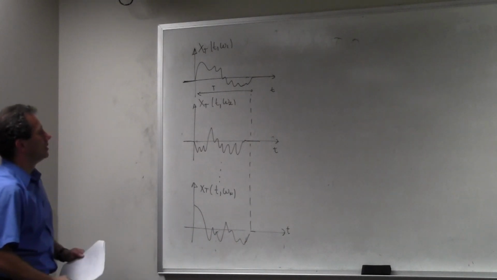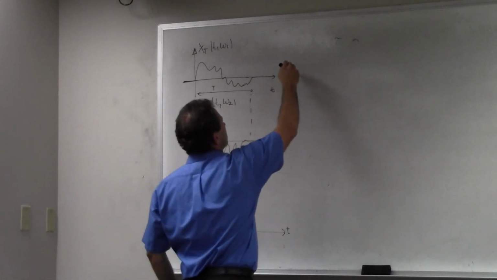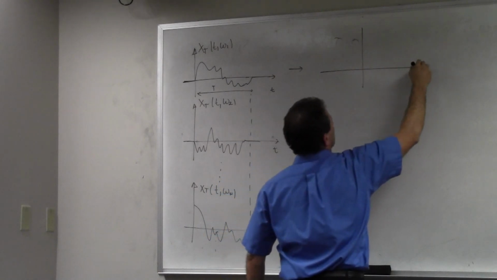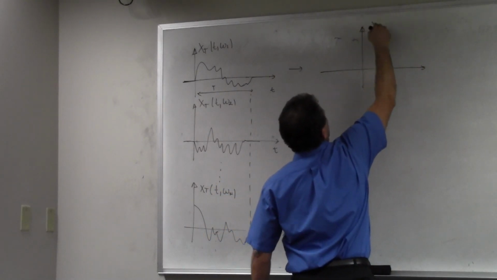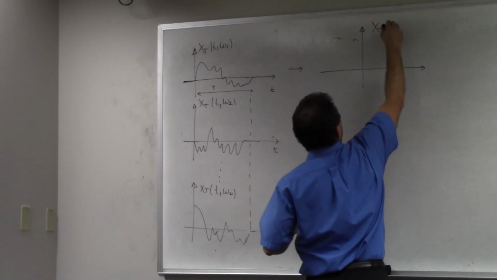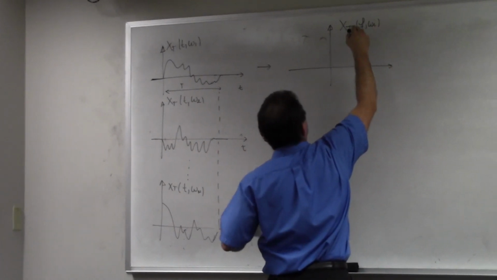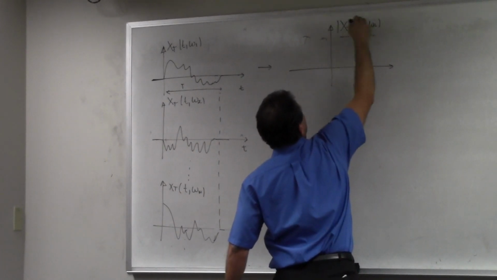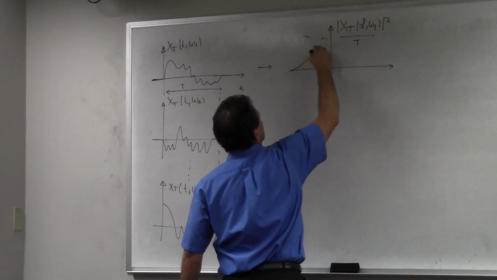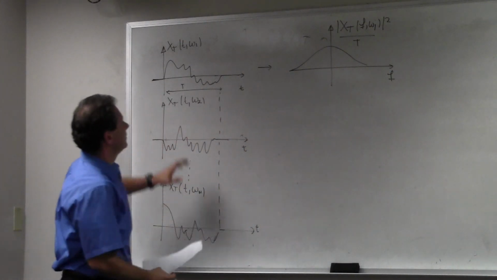Okay? So I can now take each one of these guys and determine the Fourier transform associated with this particular waveform. So this is going to be x t of f, omega 1, divided by t, and I take the magnitude squared, right? Let's say the Fourier transform associated with the truncated version looks somewhat like this for the first guy.